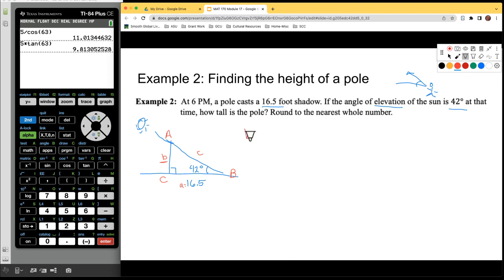If we look here, which is really nice, we don't have too many calculations. We have an angle, B is the opposite side, and we're given the adjacent.